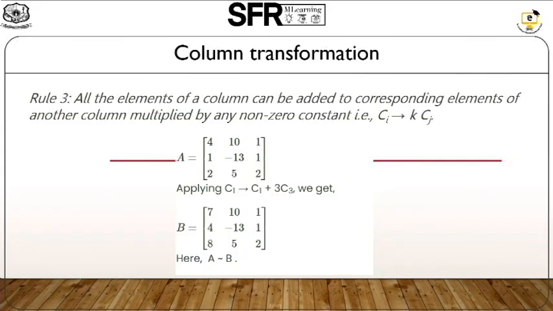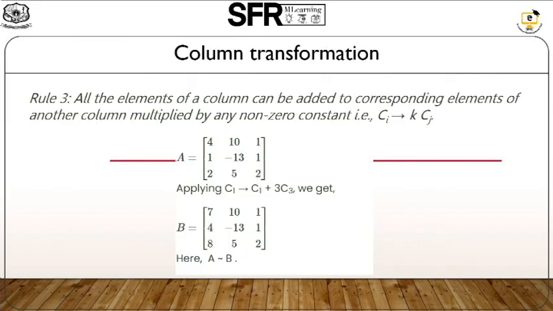First we have to multiply 3 with the column 3. So, we get 3, 3 and 6, and then we have to add these 3 elements with the first column. So, we get first row, first column element 4 plus 3, 7.